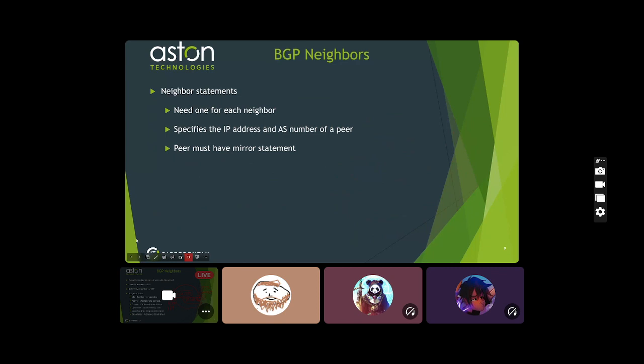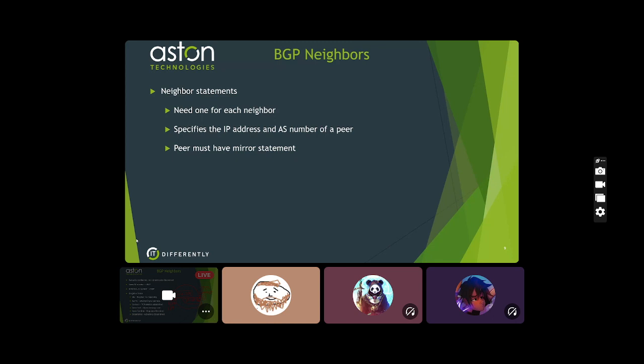All right, so in order to form that neighbor relationship, you need a neighbor statement. For each neighbor that you are establishing a relationship with, you need a separate neighbor statement. So let's say I'm the Aston network, and we have 2 business class connections and a backup cellular connection because we like redundancy.